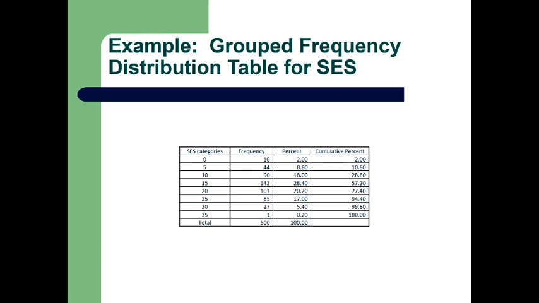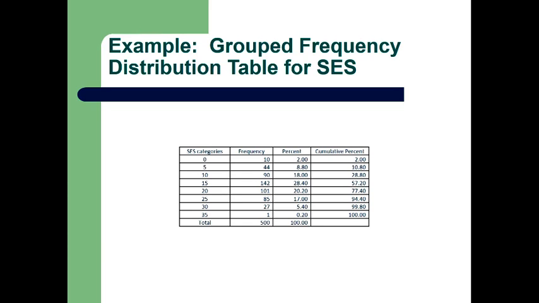Alternatively, this is the grouped frequency distribution of that same data for SES. Here we are looking at the same data represented the other way. Here the values are grouped in 8 categories, and each category represents 5 of those values. For example, the first category is 0, and that represents SES categories 0 to 4 from the previous table.